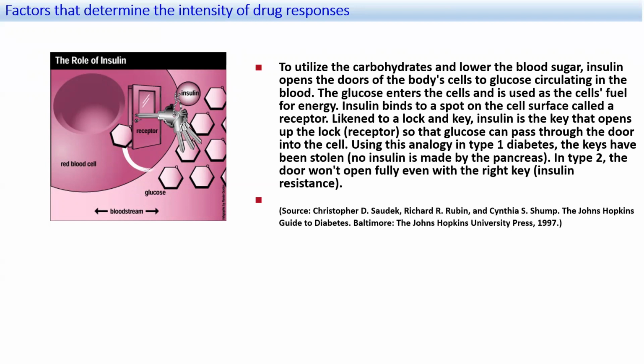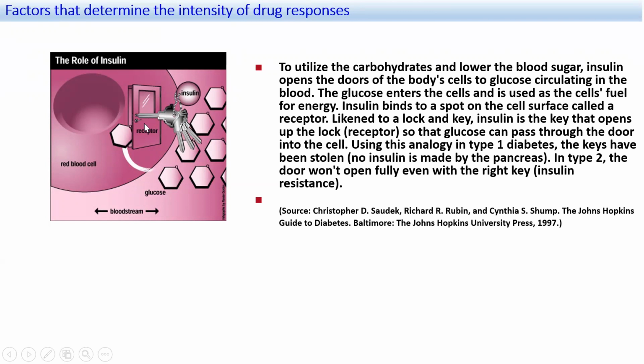So the insulin is responsible for letting the glucose molecules enter the cell for metabolism, to be used as a source of energy. Type 1 diabetes, that's when there is no insulin, so the door is locked. When you look at the door, it's completely closed, locked, and the key is lost.